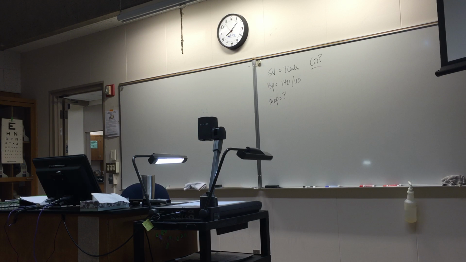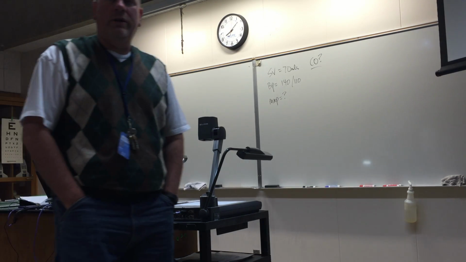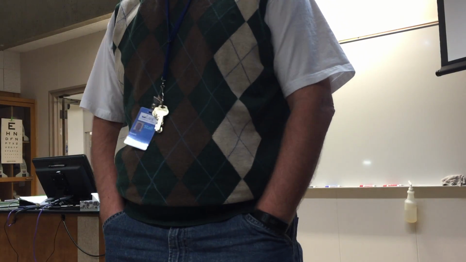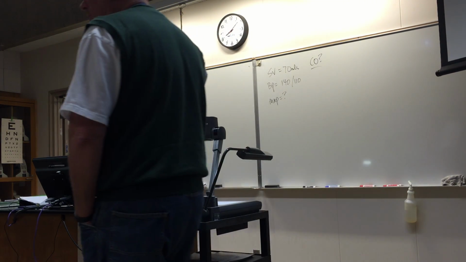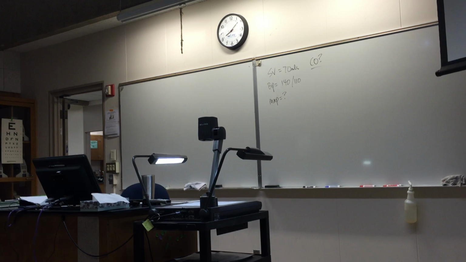So we have to calculate some of these. So if we said 40 and the stroke volume is 70, the cardiac output is 2,800 mils per minute. 2,800 mils per minute is cardiac output. Cardiac output is stroke volume times heart rate.